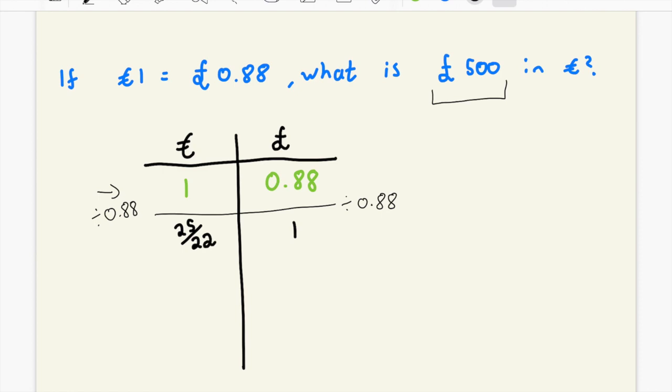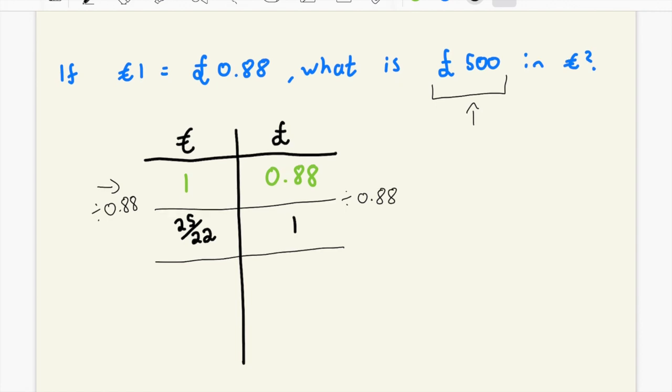So now we have our 1 on the pound side, which is what we need because our amount is given to us in pound. So we can fill that in on the right hand side as well. So we have 500. And again, to get from 1 to 500, we multiply by 500. And what we do on the right, we have to do on the left. So we'll multiply by 500 on the euro side as well.